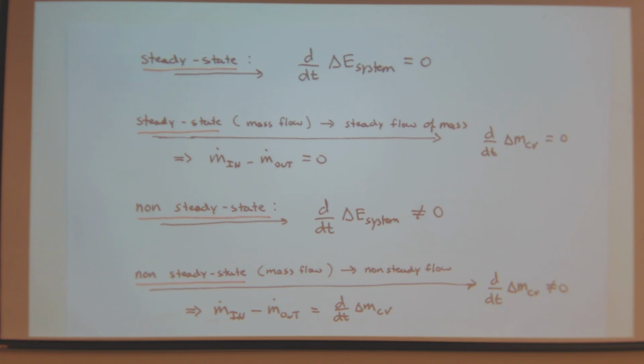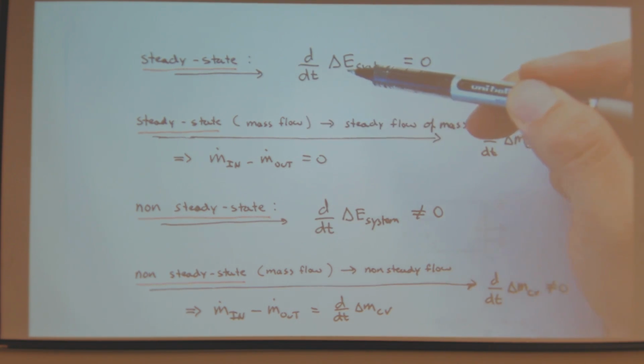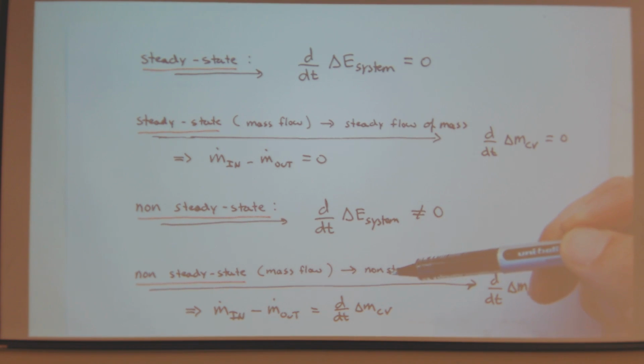So I'm just emphasizing this whole idea of steady state and the ramifications, whether we do conservation of mass or conservation of energy. So conservation of mass is just a subset of the first law of thermodynamics, right? All we're considering is mass as a form of energy in the context of the first law.